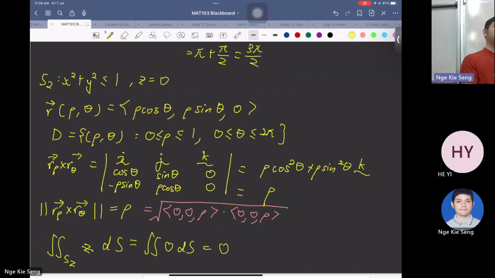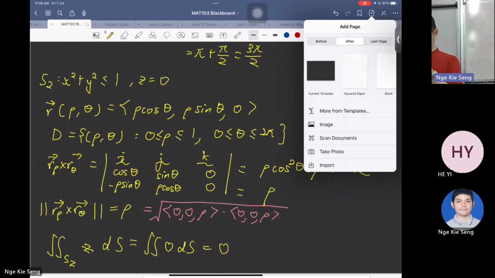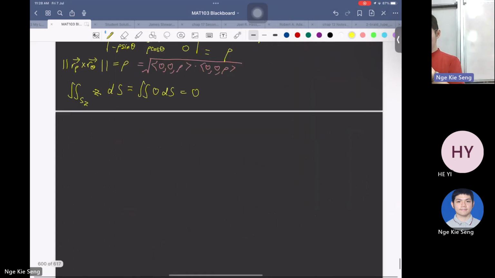If you can see this earlier, then you don't need to check so many things for your surface. You can skip all the steps. But I'm just trying to show you how to find the parameterization in future. If you know that the integral on this surface is 0, then you don't need to find all the Jacobian, because you are not using them.